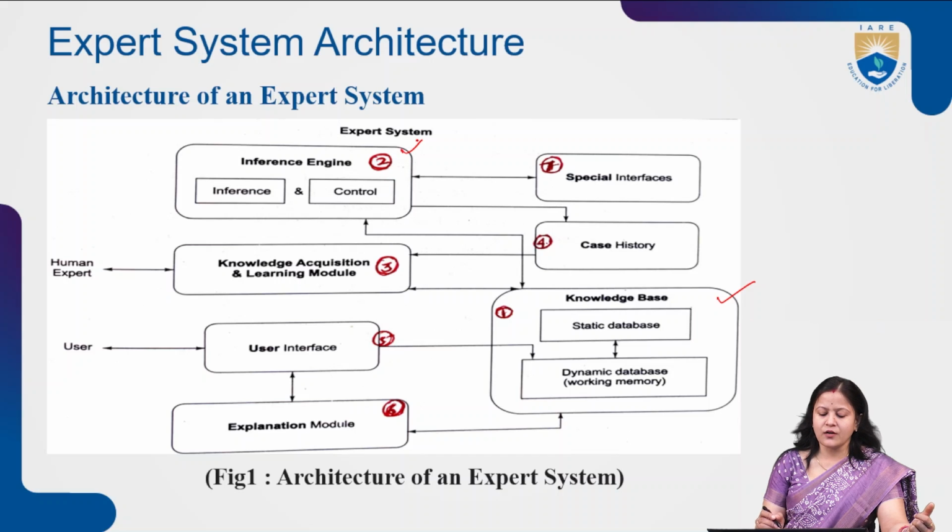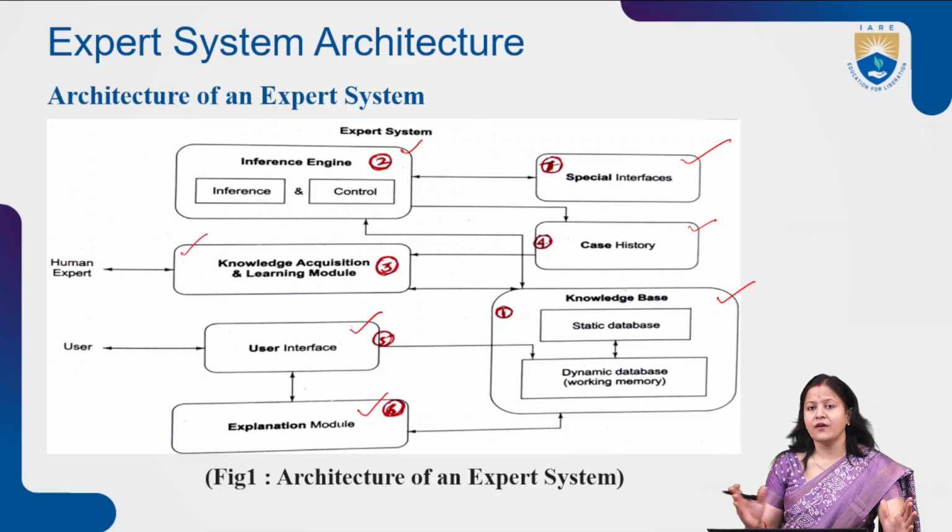The third is the knowledge acquisition and learning module. The fourth is the case history. The fifth is the user interface. The sixth is the explanation module, and the seventh is the special interfaces. Let me introduce what all the components are, then I will move to the next slide and show you the contents also.